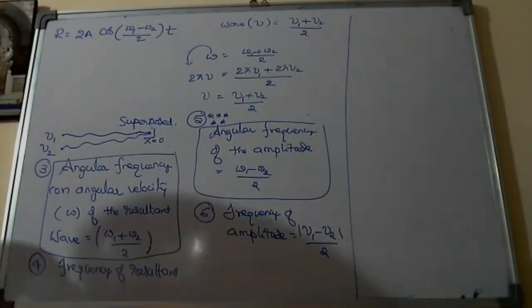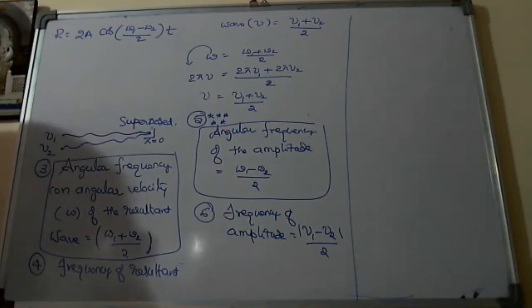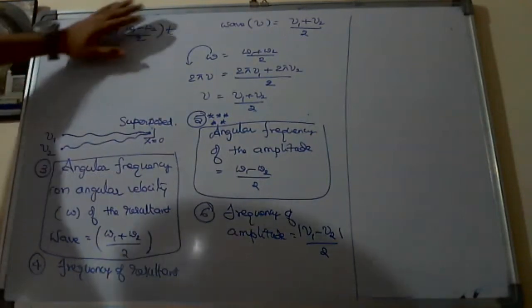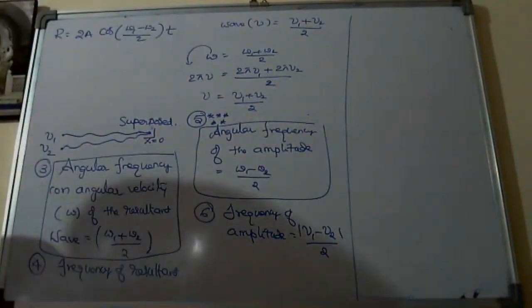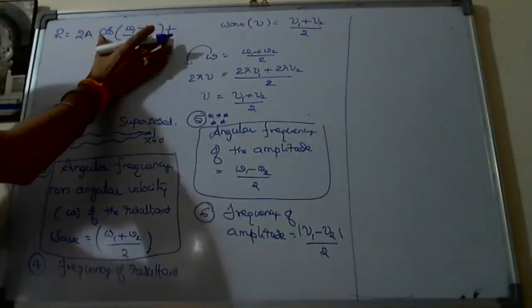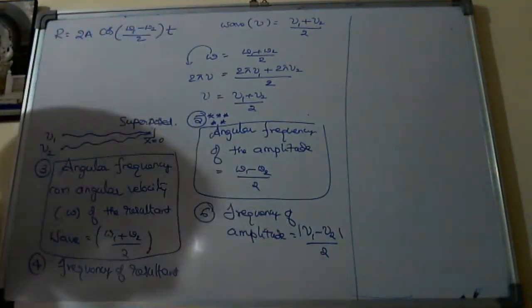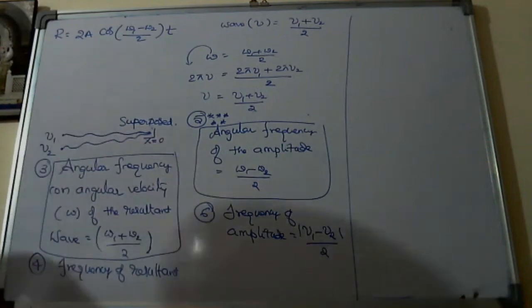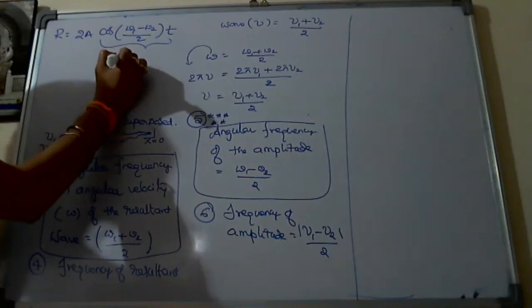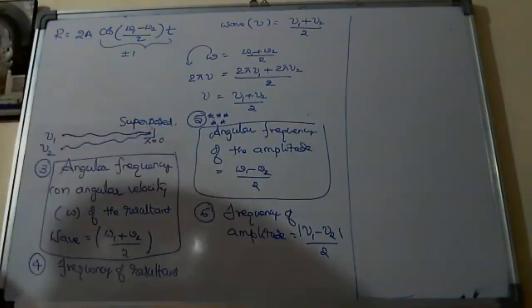Those intervals only we call beat intervals. So here the resultant amplitude, you got this much now. In this, the maximum value of cos is +1, generally we say. But since amplitude is plus or minus, this maximum value I can write as either plus or minus 1.